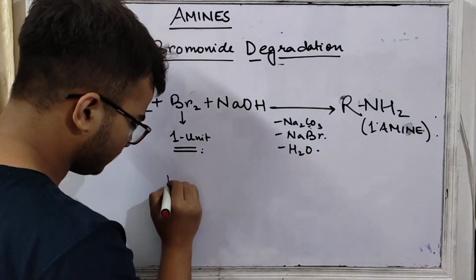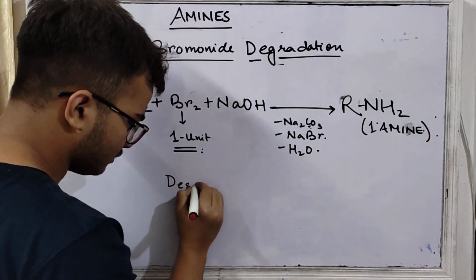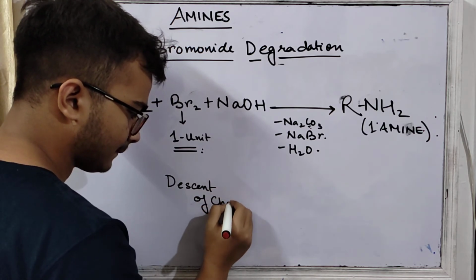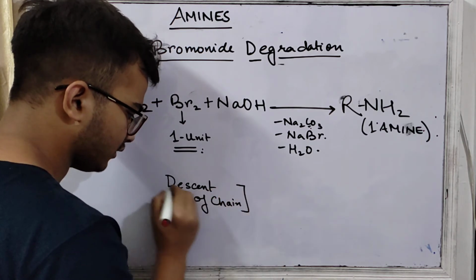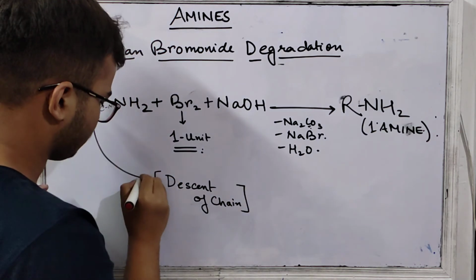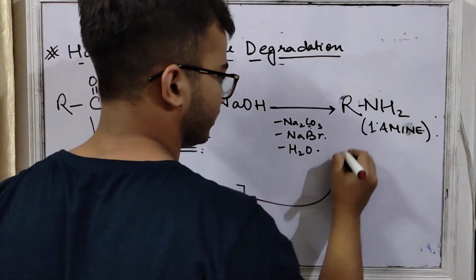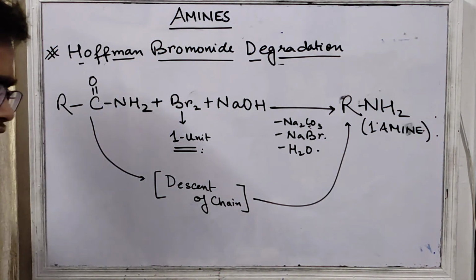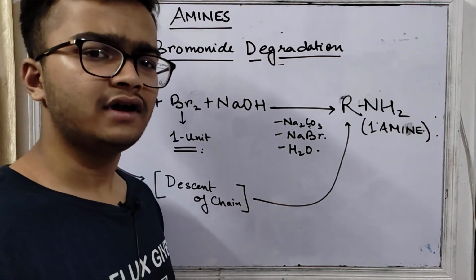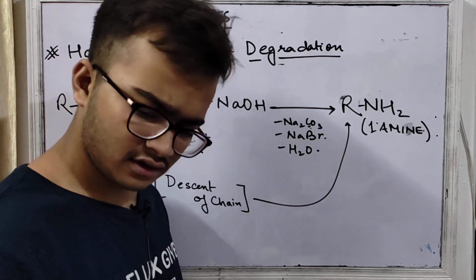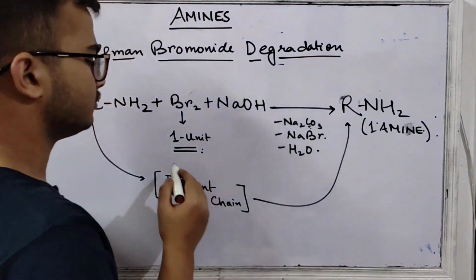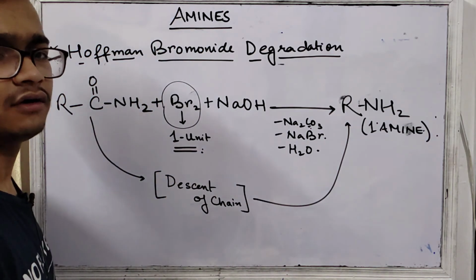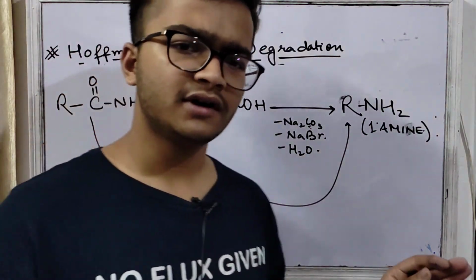Okay. So, let us write here, descent of chain. So, from here descent of chain, it is getting RNH2. Clear? So, this was all about the Hoffmann bromamide degradation, but the important thing you have to note down over here is you are taking only 1 unit of this Br2. Clear? So, copy it up to this much.